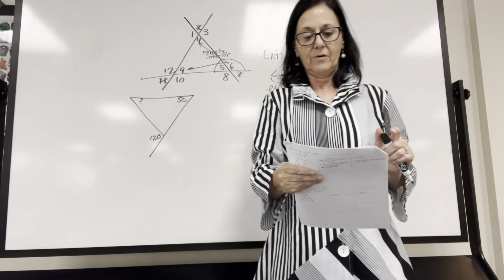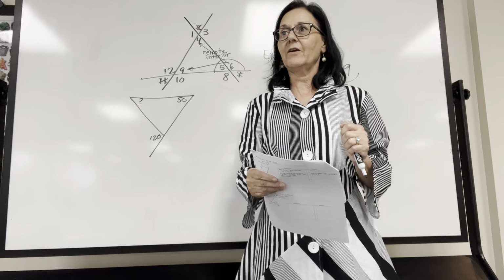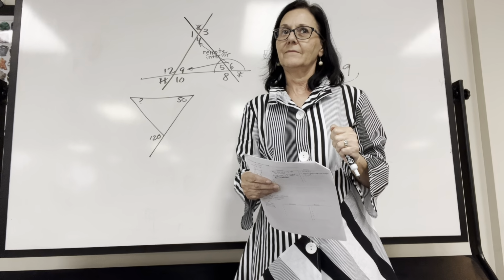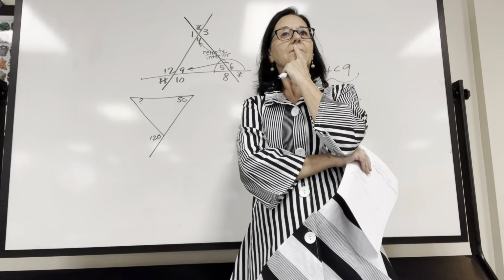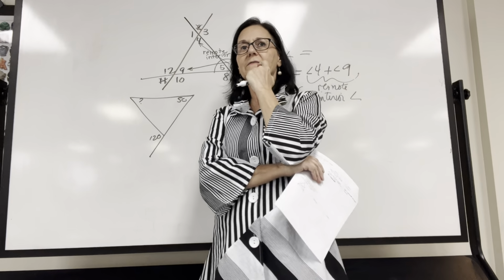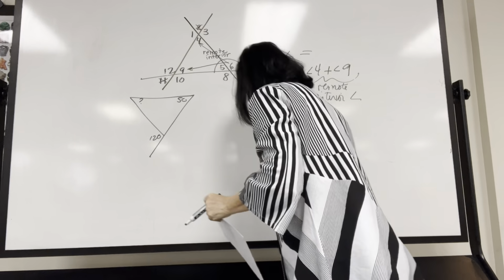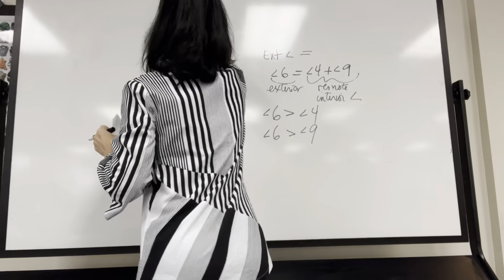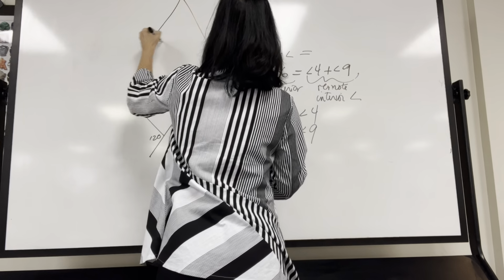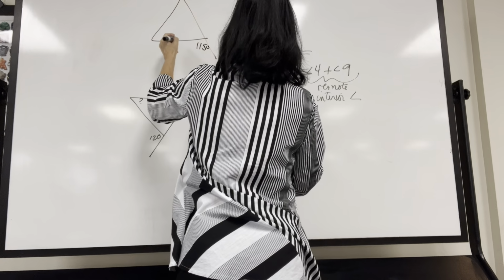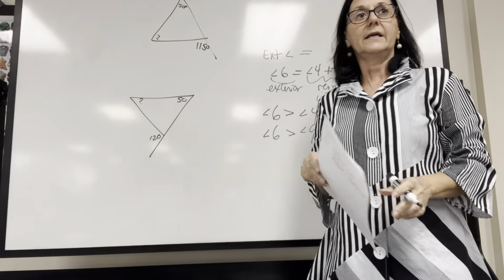All right, number 2, Luke, what do you think that question mark is? 65. Everybody agree? Yes. Why must it be 65? I don't know. Is 115 an exterior angle? Yes, it is.